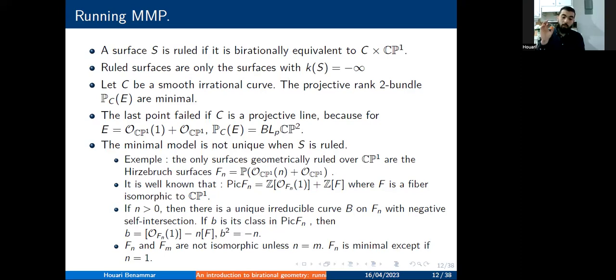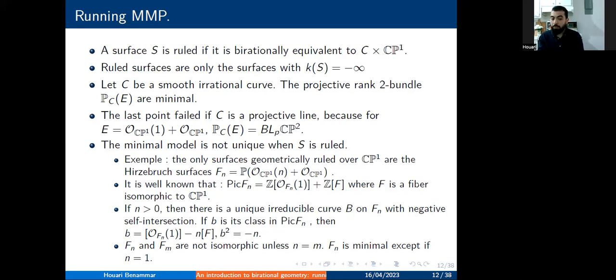So what does it mean? In this class we can find a lot of minimal surfaces which are not isomorphic. So there are infinitely many minimal models.